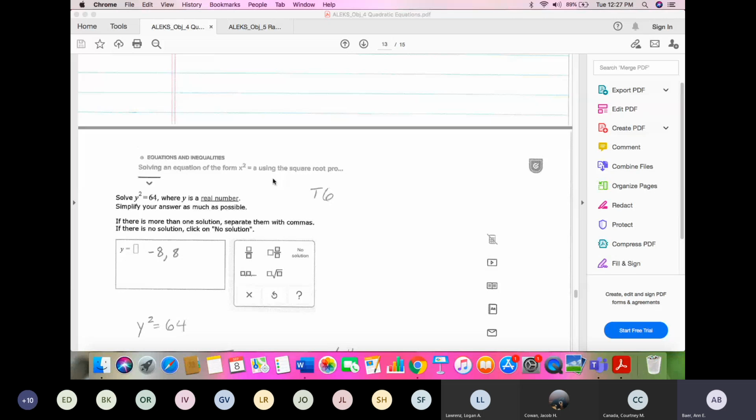So we're going to talk about numbers which occur multiple times later in the course. But if you had y squared equals 0, there would only be one solution in this context, and it would be 0. But all other answers are either going to be no solution, because we're only talking about real numbers.